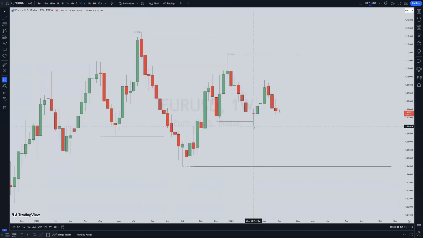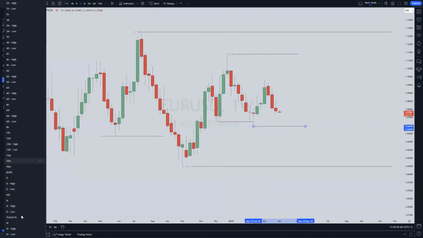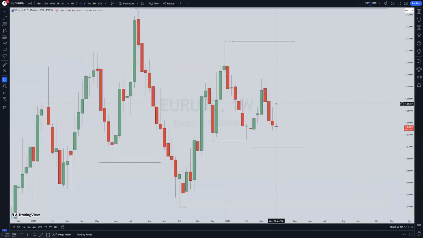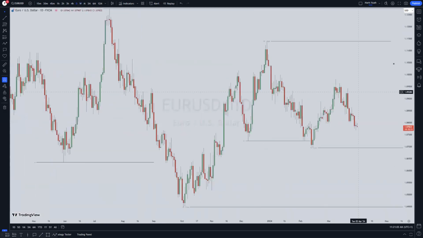Since we're bearish on the weekly now, we're expecting price to rally over to the weekly low. So all of this pullback, same thing we did here, that's the same thing we're going to see on the daily chart. For me, I use the 2 days, 3 days. But for this lecture, we're just going to stay on track and use the daily only.